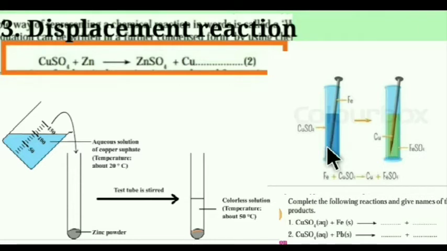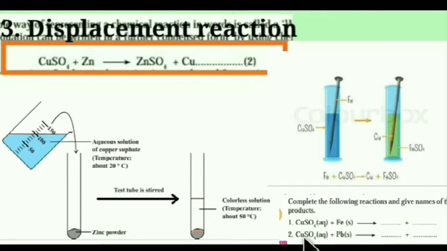That is, more reactive iron displaces the less reactive Cu from copper sulfate solution. Hence the color of the solution is changed to a greenish color, and Cu is deposited on the nail. Hence, you complete these two reactions.